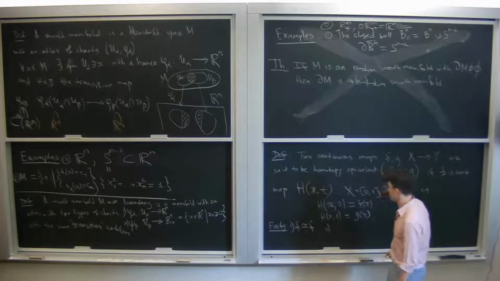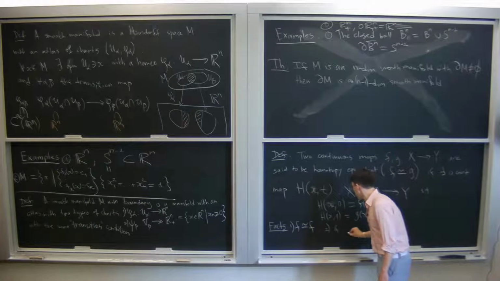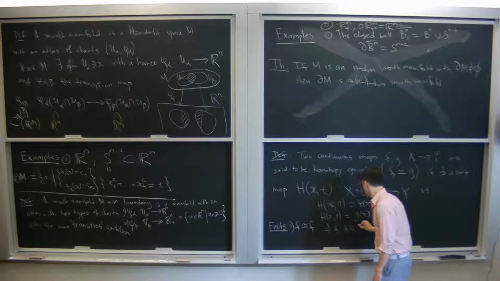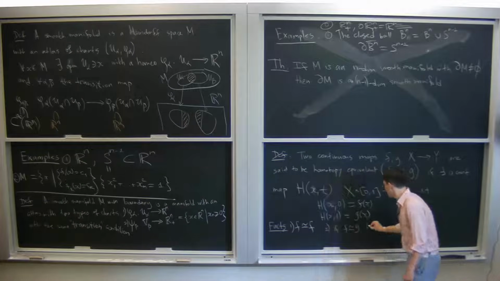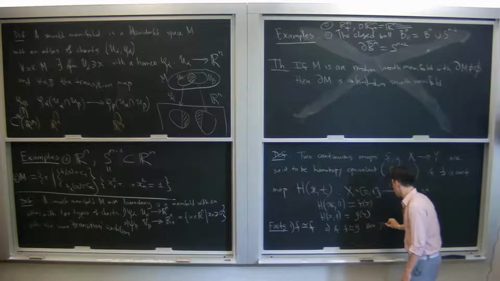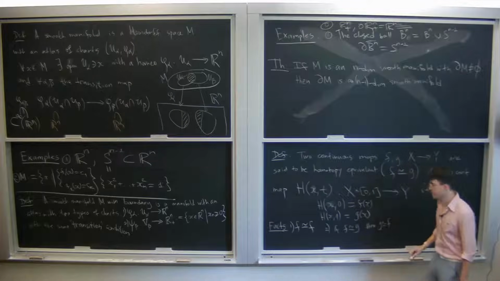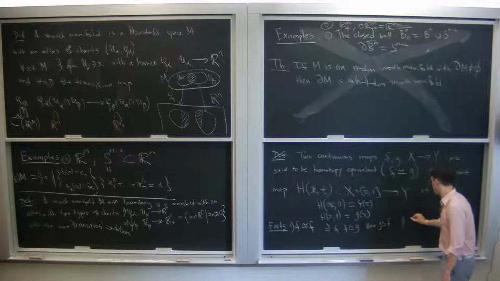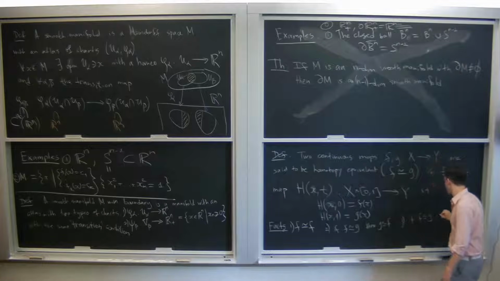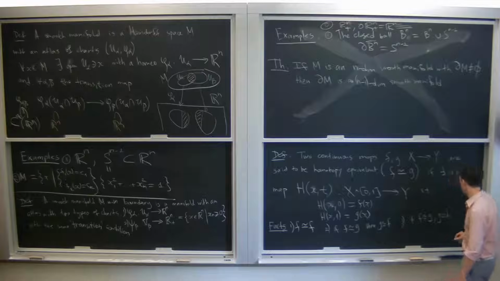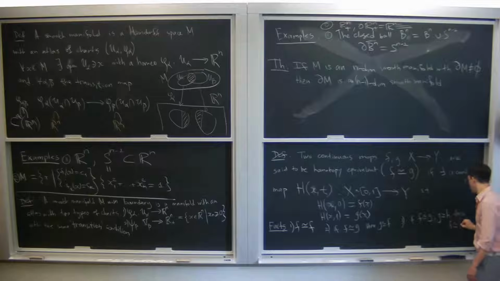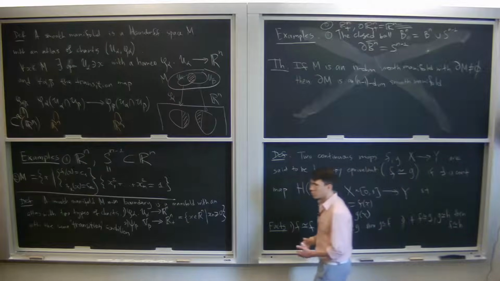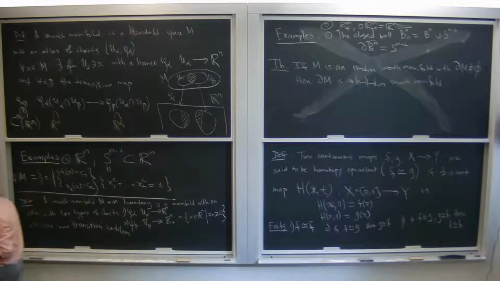The second property is that if F is equivalent to G, then definitely G is homotopy equivalent to F. And if F is homotopy equivalent to G, and G is homotopy equivalent to some other map H, then F is homotopy equivalent to H. So this is symmetric, and we have the transitive property.